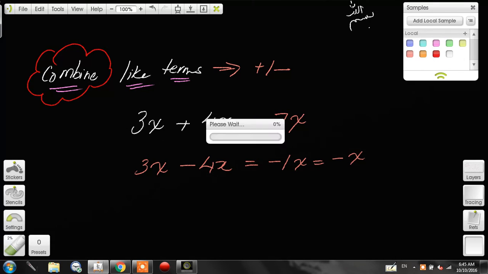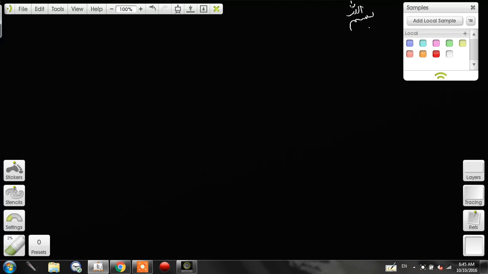Alright, so those are some fundamental concepts in solving equations. Let me summarize for you. What I have suggested to you is equations are expressions of equality. Okay, and when you say solving an equation, what we mean is isolate the x on one side and take everything to the other side.